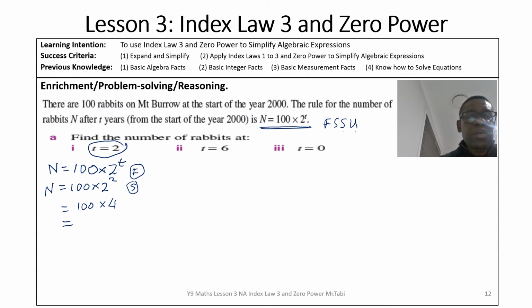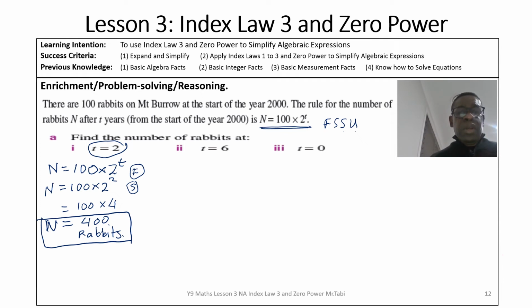So n will be equal to 400 rabbits. That's your simplify and the unit, in this case, rabbits.